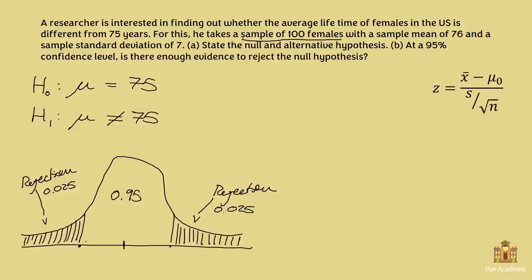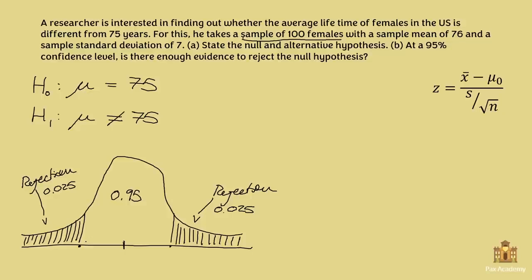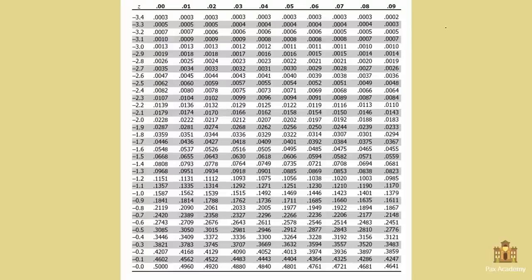In order to do this, we need to look at this table, the Z table. The value you need in order to find out the Z value is this 0.025. So we're going to need to find this 0.025 inside this table and then look horizontally and vertically in order to find out the values.